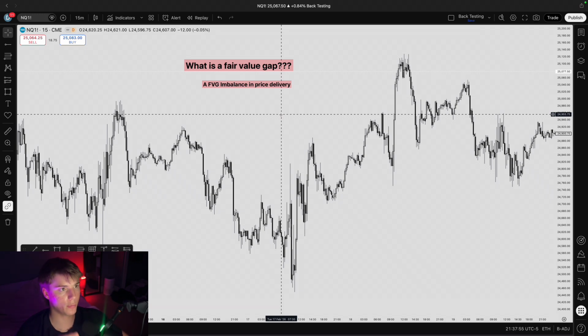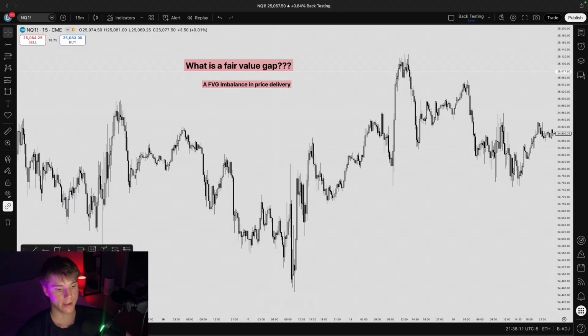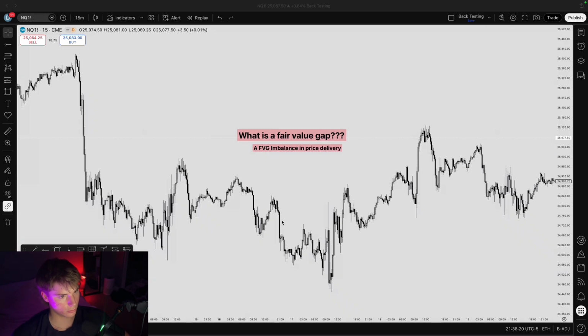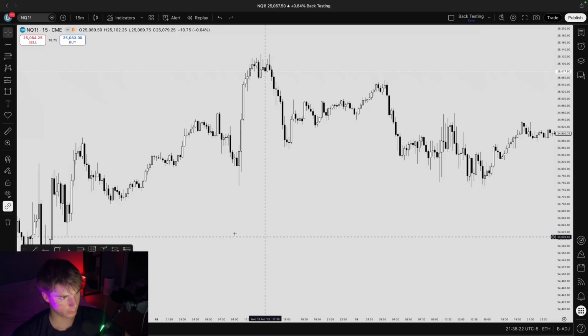An example of a fair value gap is it happens when market moves super aggressively in one direction, and it basically leaves insufficient price behind, which is why price usually draws to fair value gaps. It takes 3 candles to form a fair value gap, and we have a perfect example of one right here.